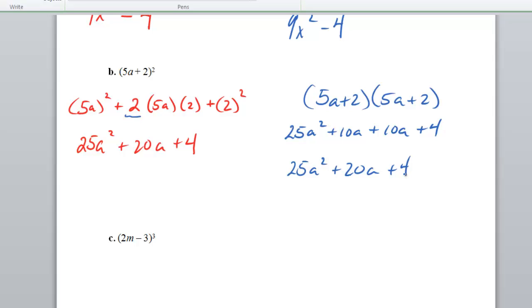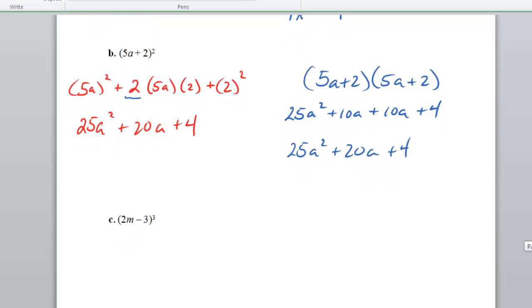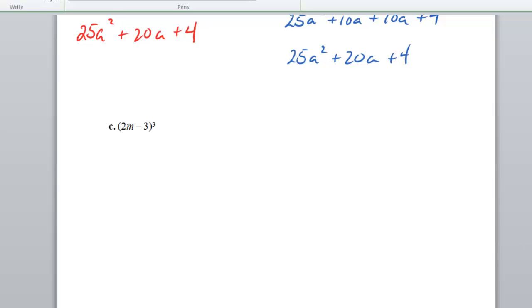Now, this last one is a cube, and what I'm going to do is do the pattern first. And then after I do the pattern, I'm going to do the distributive property of it, and you're going to have to decide which method you think is easiest or best for you to use.